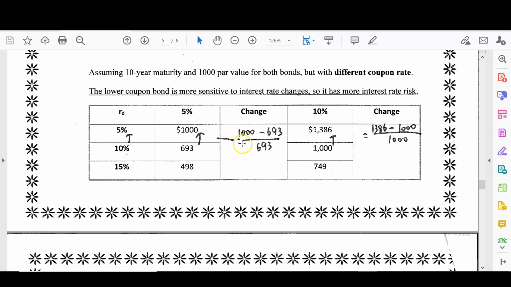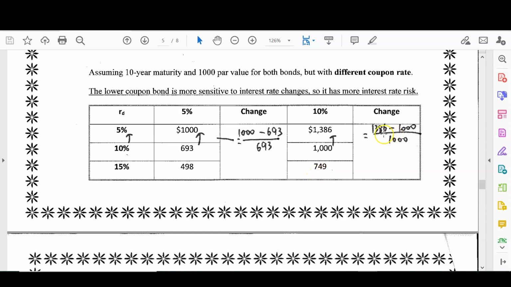Okay, we can use the change in the price, 1,000 minus 693, divided by the original price 693, to calculate the percentage change. And for the 10% coupon bond, it could increase from 1,000 to 1386 or decrease to 749.